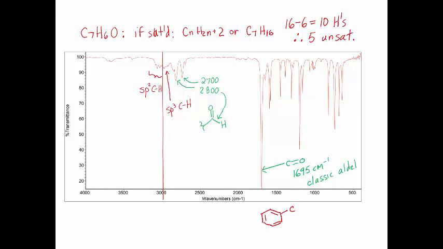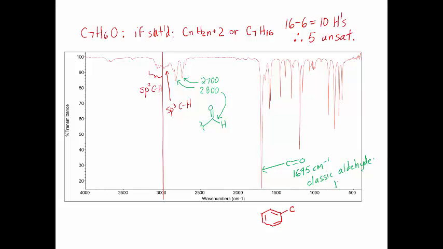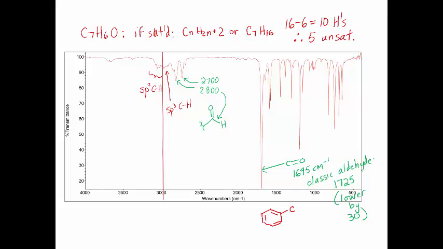Classic aldehyde, or typical aldehyde, would be 1725. This is lower by 30. Which suggests a conjugated aldehyde. So that's what we're going to think we have here. Certainly looking like a conjugated aldehyde here.